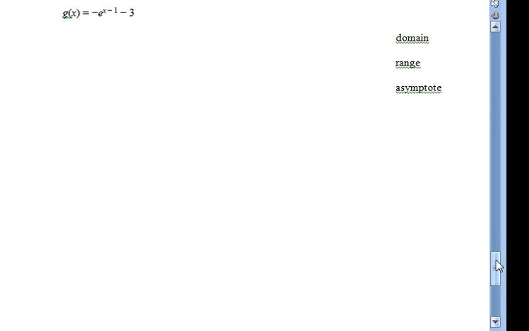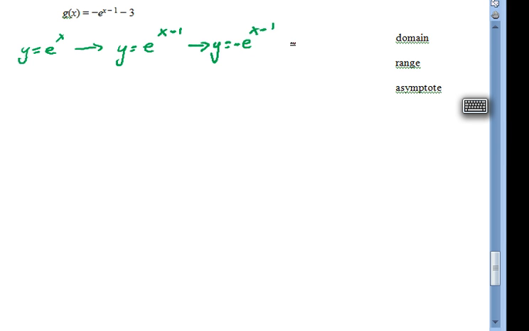And our last one, g of x equals the opposite of e to the x minus 1, minus 3. And so we have y equals e to the x, then y equals e to the x minus 1, then its opposite, and finally the opposite of e to the x minus 1, minus 3.